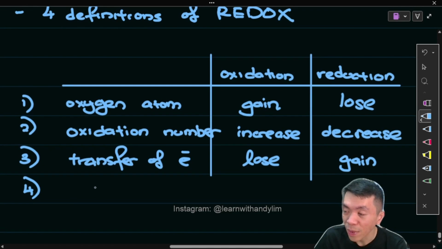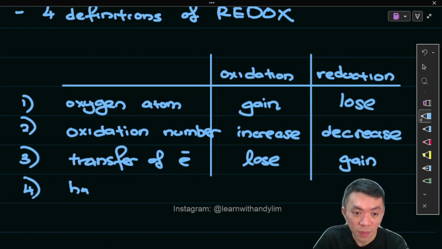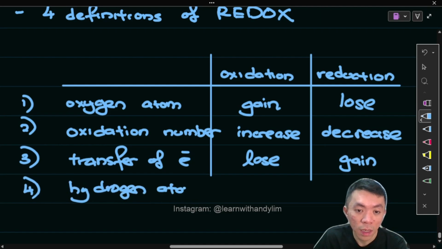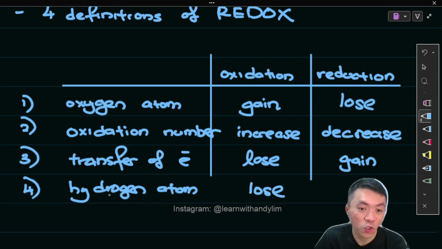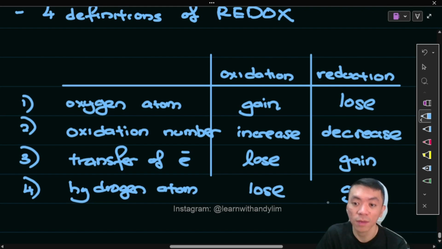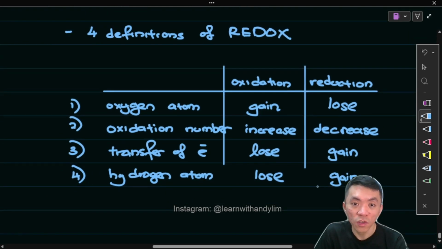I have my hydrogen atom. In terms of hydrogen atom, during oxidation, I will lose hydrogen atom. However, during reduction, I will gain hydrogen atom. So these are the 4 definitions of redox.